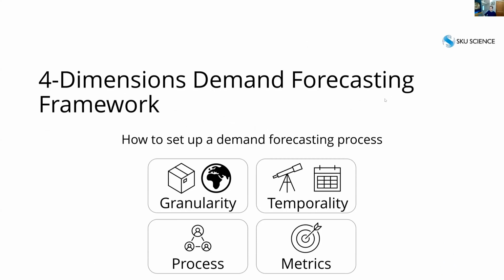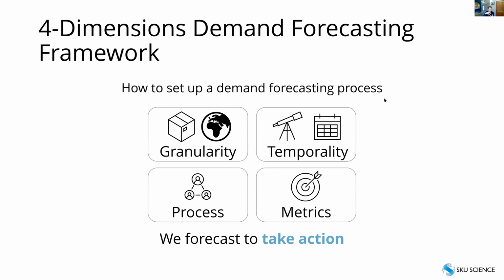So let me start from the beginning. When I teach demand forecasting at university, when I train practitioners about demand forecasting, the first question I always ask the audience is, why do we need to forecast? Why do we forecast demand?